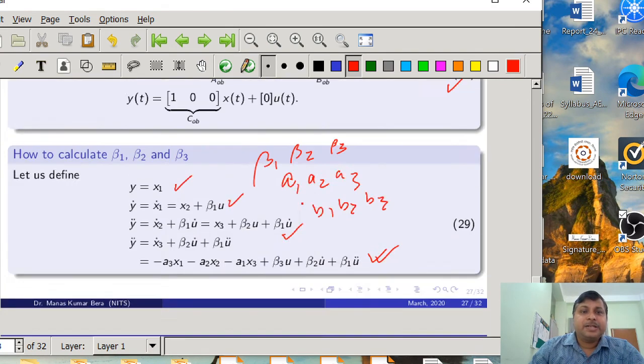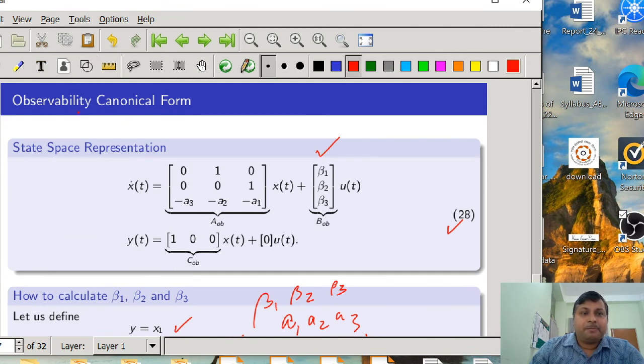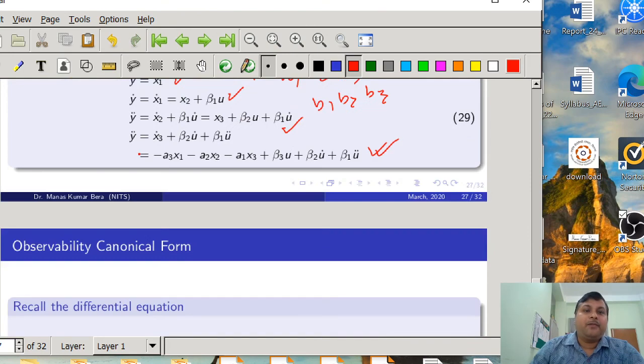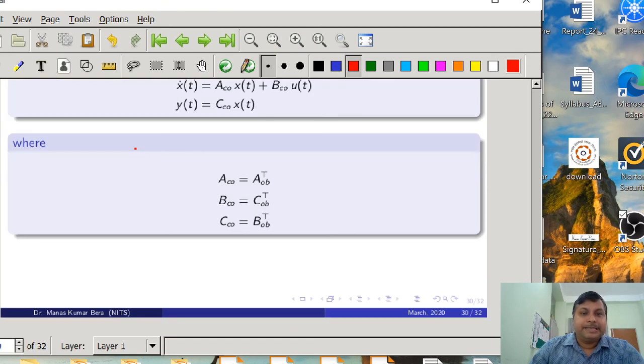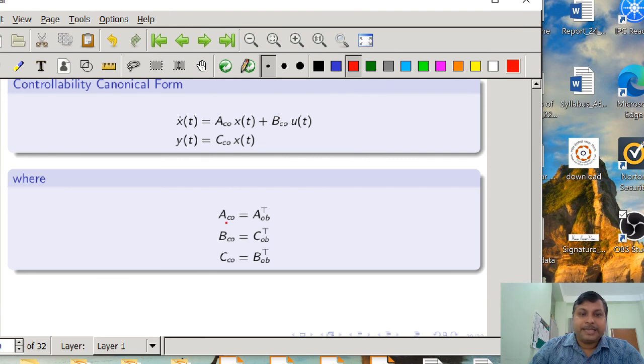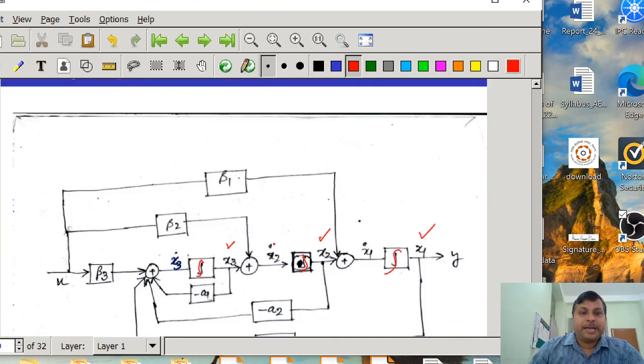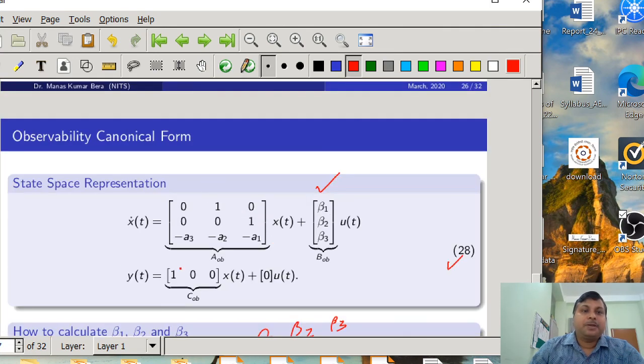From here it is very easy to get the controllability canonical form, because once you have the observability canonical form, you can derive the controllability canonical form by the relation exhibited here: the controllability matrix A will be the transpose of the observability matrix A, the controllability B will be equal to the observability C transpose, and the controllability C will be the observability B transpose. In this way you can represent the controllability canonical form for a given observability canonical form.